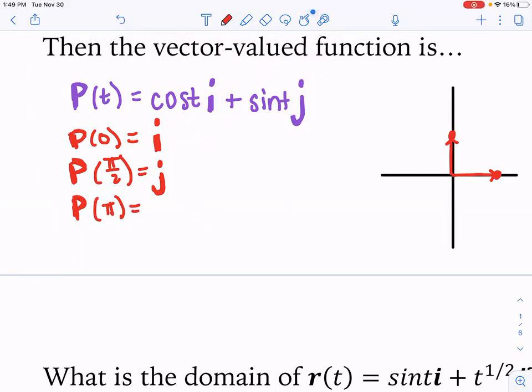And what's our vector at pi, Josh? Where is this going? Oh, so we're going to have a circle. And we have orientation that's going counterclockwise. So we're still graphing parametric equations. We still have that orientation. It's just defined as a vector valued function. Are we okay with that?